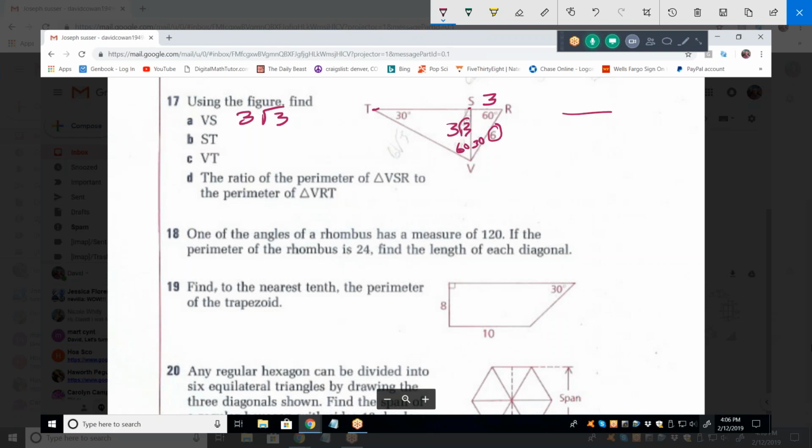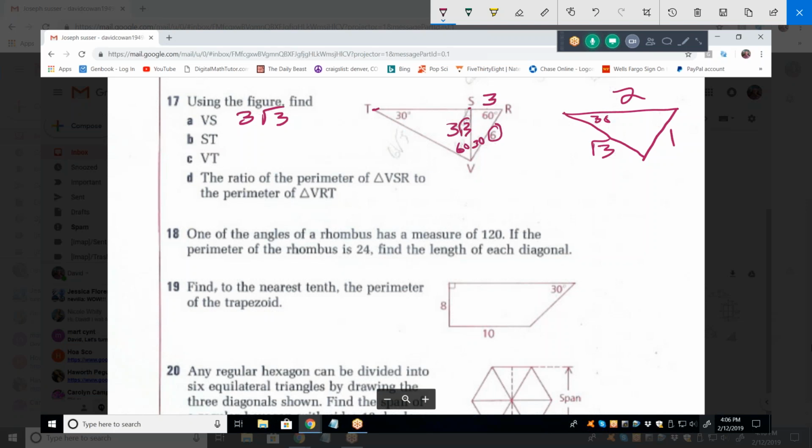Notice that if I draw your standard one, the side opposite the 30 degrees is always 1, the hypotenuse is always 2, and this is always root 3. Okay? So I was wrong. The whole hypotenuse is 12. Got to be twice 6.